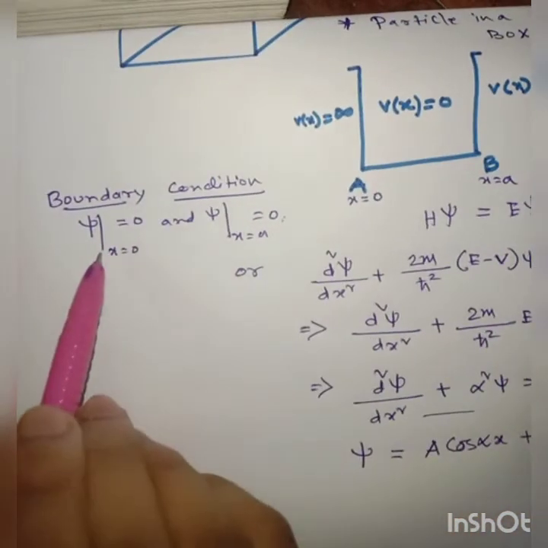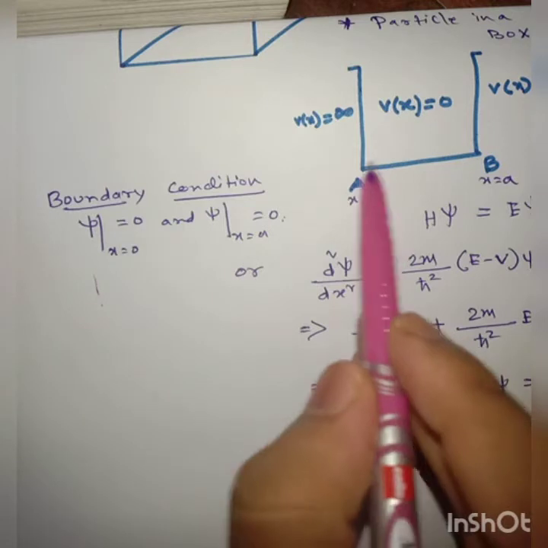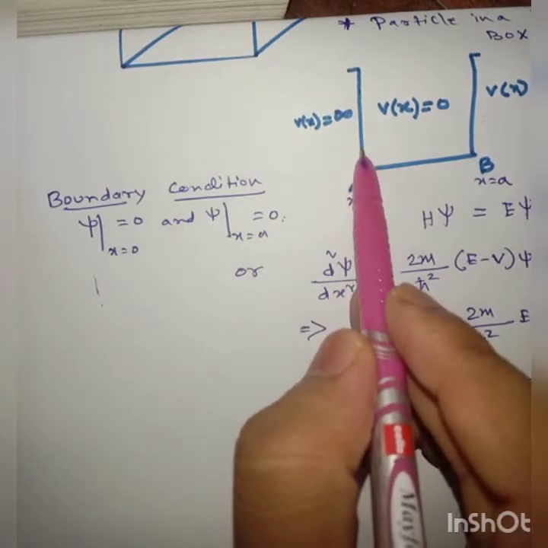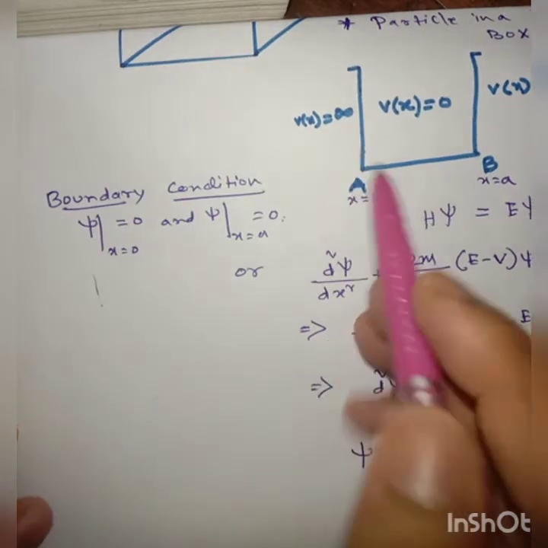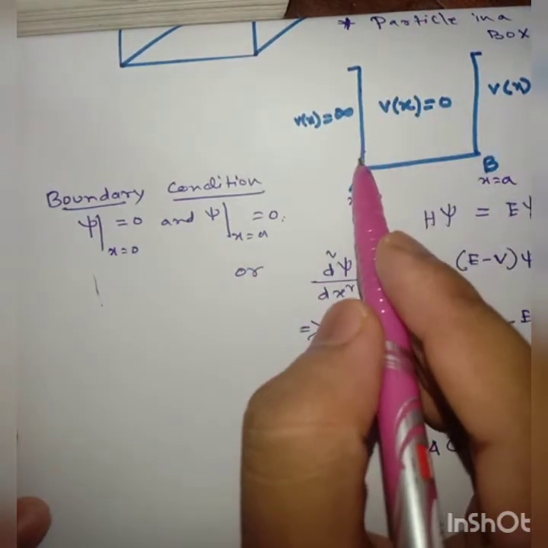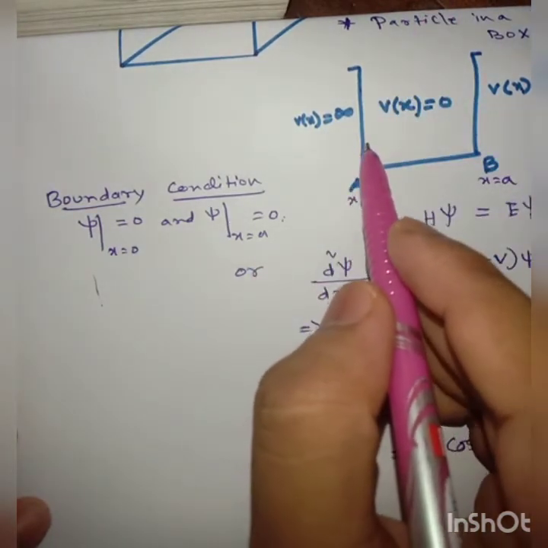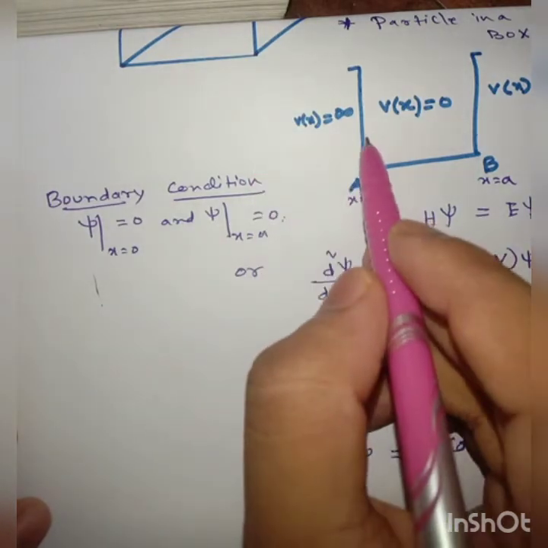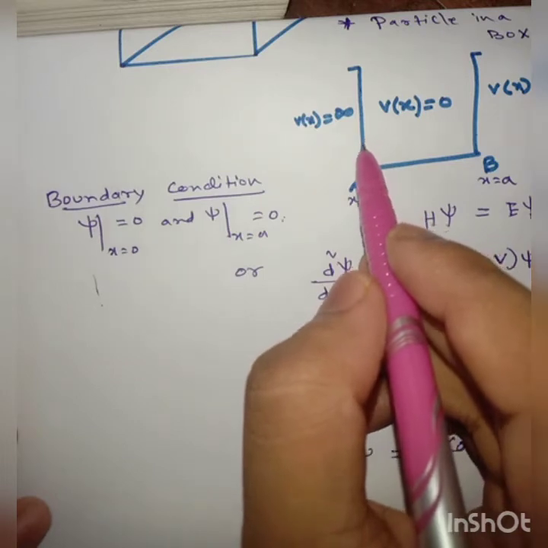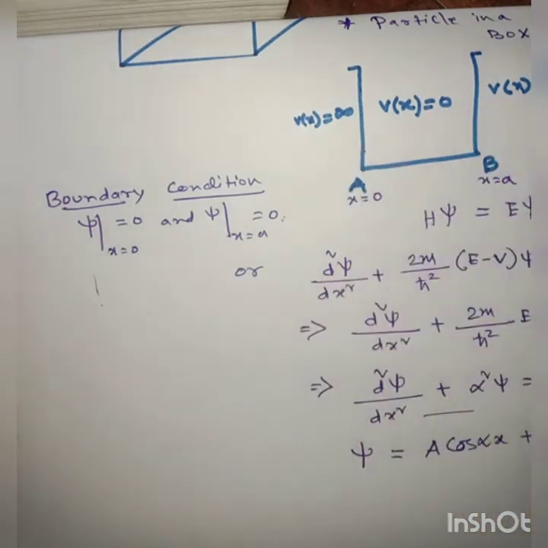That's why we have written that at x equals 0 our wave function must vanish, because in this case we have an infinite potential, so the particle can't go beyond that boundary. So that's why the wave function of the particle must vanish at the boundaries.